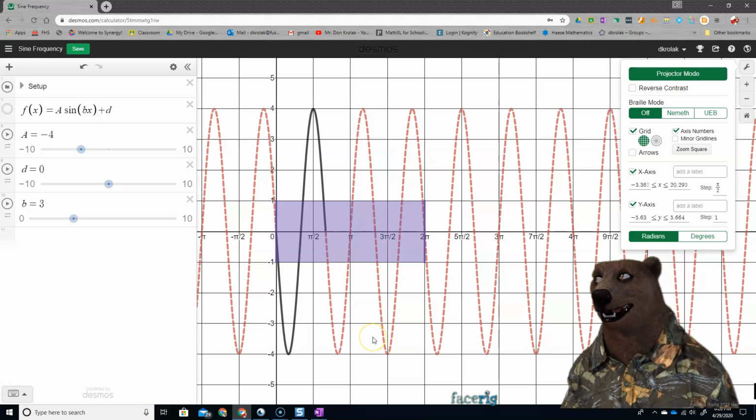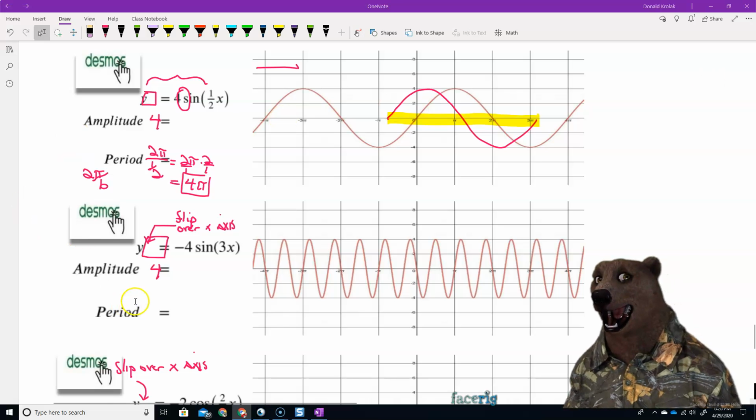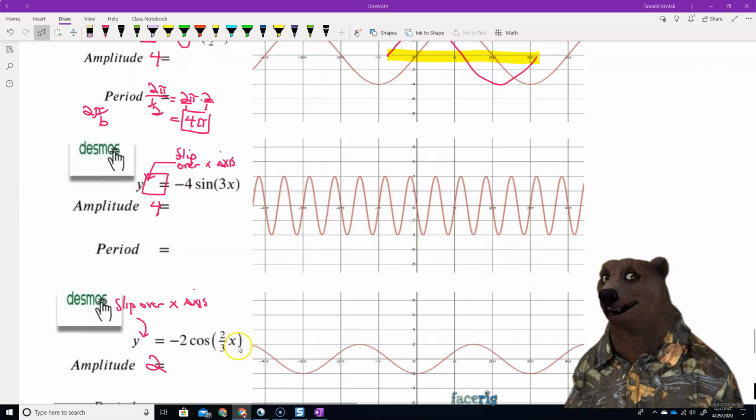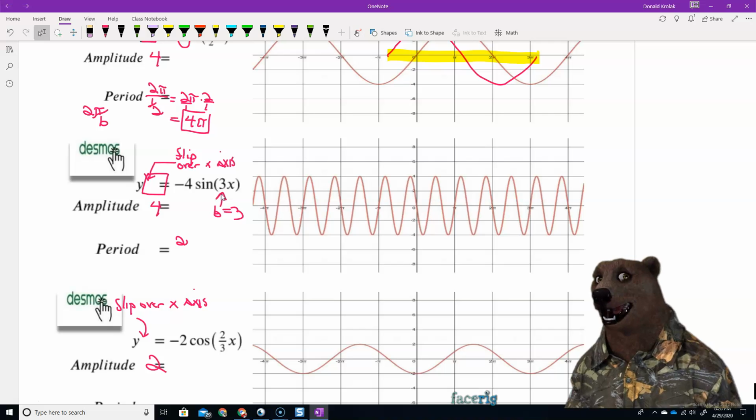And there's my graph. You see 3 cycles of it between 0 and 2 pi. Okay, so down here, our B value was equal to 3. So the period is going to be 2 pi divided by 3. And you can't do anything to that, so you just leave it as 2 pi over 3. That's the period. My amplitude was 4.